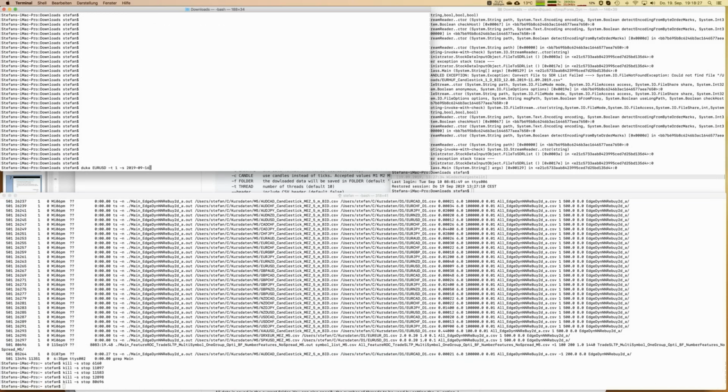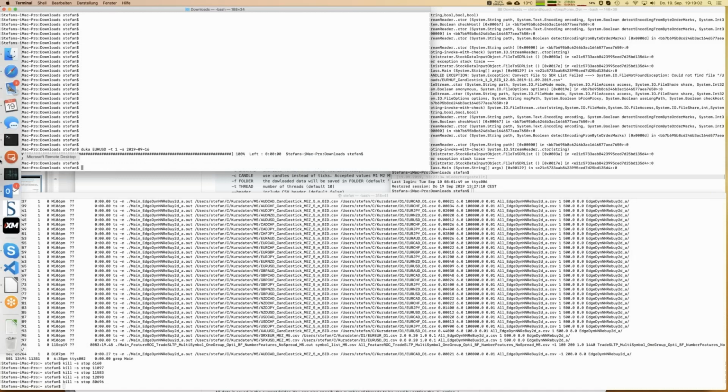All I have to do is type, for example, Duca EURUSD, which means I want to download Euro US dollar. Then for whatever reason minus T one, and then it's just the start date from when onwards I want to have the data. I can use an end date as well. And now it's downloading Monday, Tuesday, and yesterday, Wednesday. And that is all. And then I have the data. Just so you know, it's quite easy to do that. And then you have those tick data.